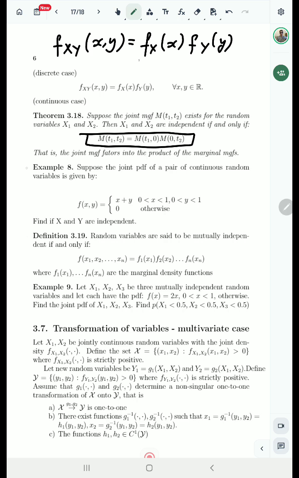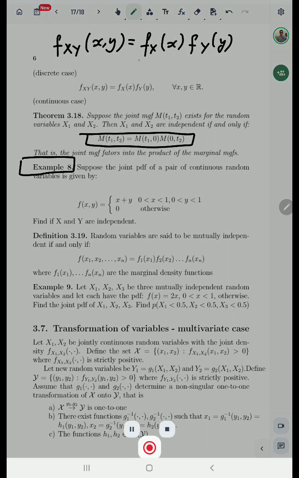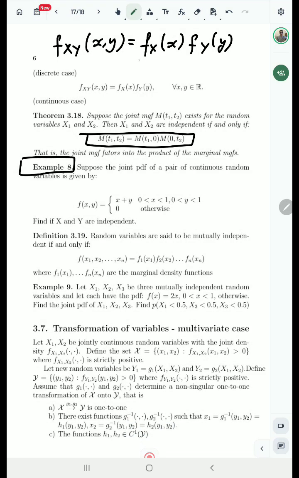Now let's solve one more example. Example 8. We have a joint PDF and we have to find if x and y are independent. You can use either the PDF way or the moment generating function way of doing that. Okay, so let me copy this question.